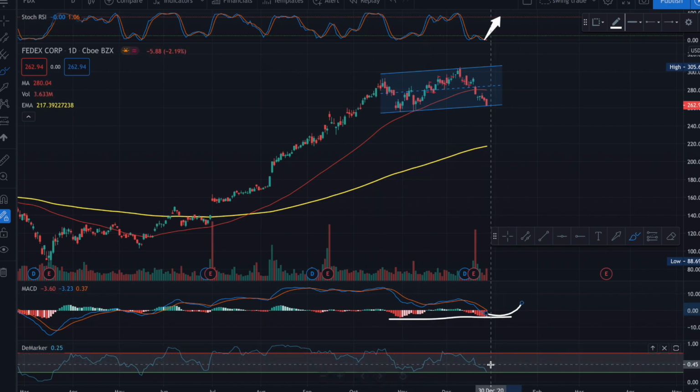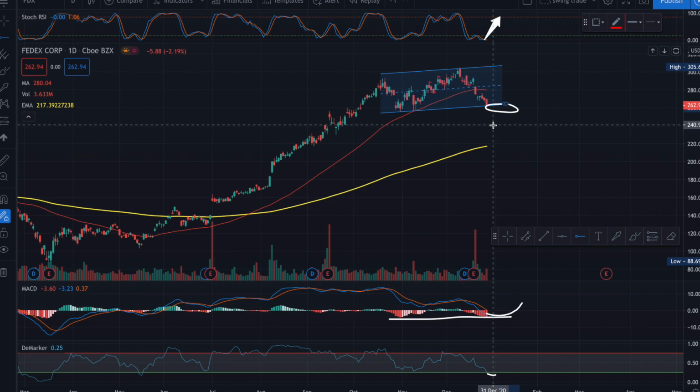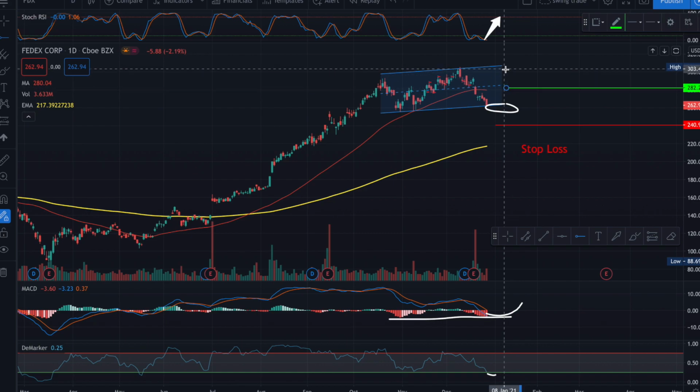The DeMarker indicator is again oversold. Just in case MACD and DeMarker dip even more, we can have a good buy area right around this. And I look to cut losses right here at the previous resistance, which is around here. My personal target on FDX, I'm looking right after the $282 area, and the high of my target range is at 305, which is pretty hard again to reach all-time highs, especially with the market condition right now.